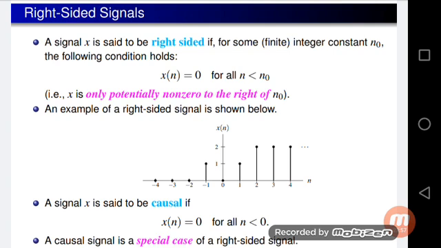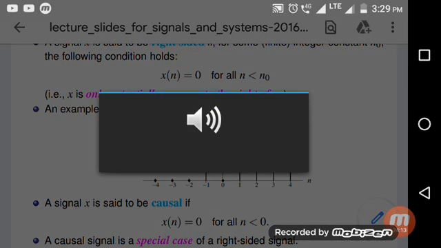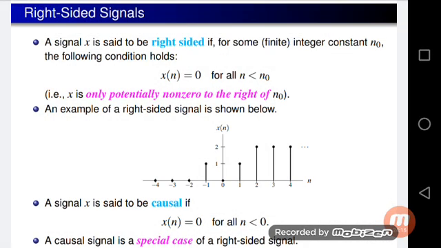Next one is right-sided signals. Right-sided signals means the signal propagation moves from the right side. So that's why it is called right-sided signals. A signal x is said to be right-sided if, for some finite integer constant n naught, the following condition holds: x of n equal to 0 for all n less than or equal to n naught. x is only potentially non-zero to the right of n naught.